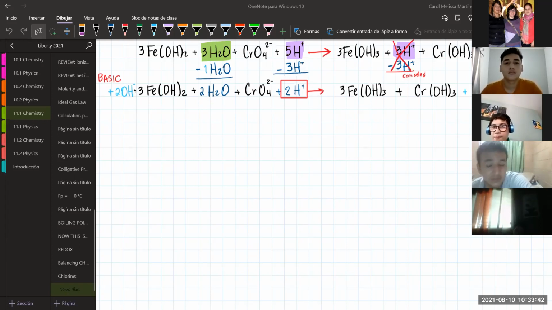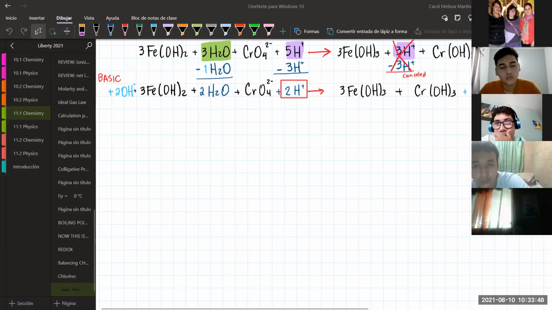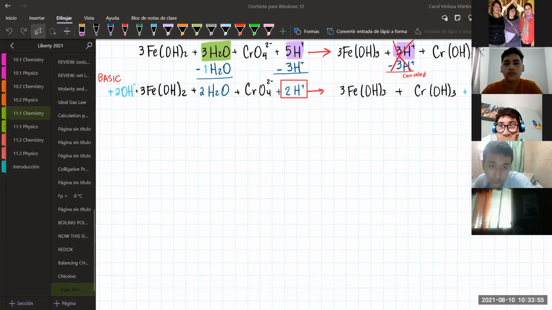And then another rule appears. This rule says that OH minus and H plus, when you combine them, the two of them are going to produce water.